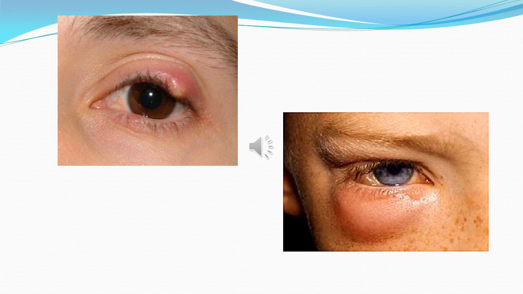In the other picture we can see the lid lesion where the inflammation has become diffuse from the main lesion, causing cellulitis of the lid. And this cellulitis, if left untreated, can give rise to cellulitis of the orbit and also cavernous sinus thrombosis. Such complications also can be anticipated if it is left untreated.